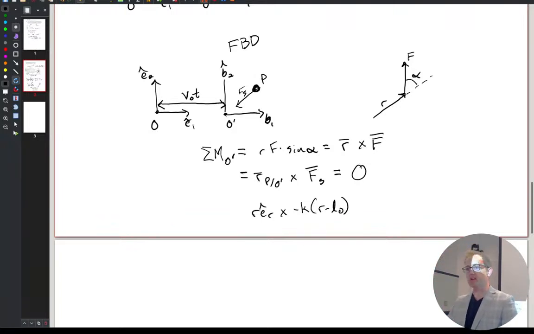It could be a nonlinear spring, it could be all sorts of stuff. But it's in the ER direction, always pulling it back along that ER. That has to be 0, because if I have a force this way and position along the same axis, it creates no moment. There's no moment created in the system, at least for O prime.